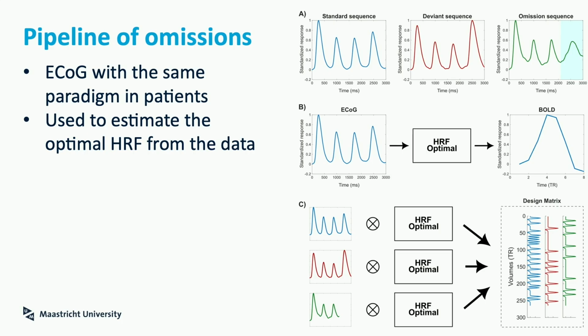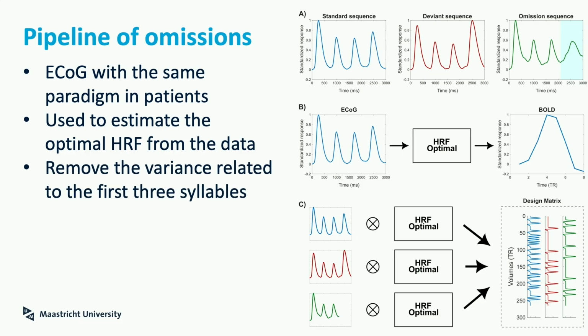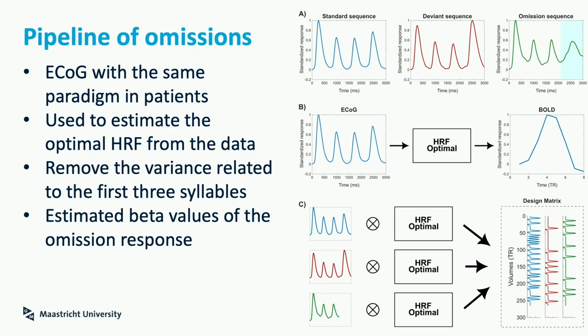Then what we have left is an fMRI time series that contains some sources of noise and this potential effect to the omitted syllable. And then what we did is we tried to estimate beta values in percent signal change in the time window at which we expected to find an omission response.